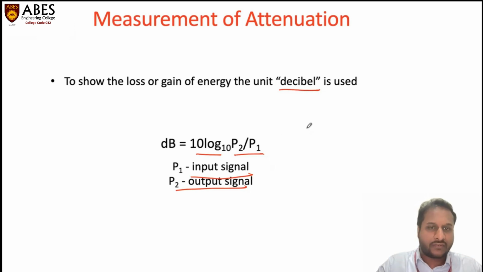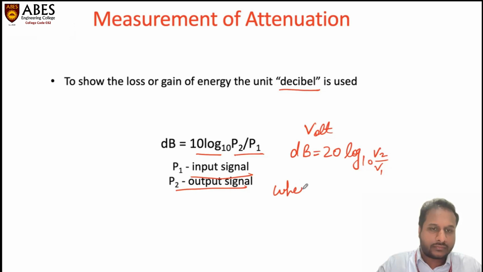But if the value is given in volts, then the formula for decibel will be 20 log base 10 V2 by V1, where V2 is the output voltage and V1 is the input voltage.